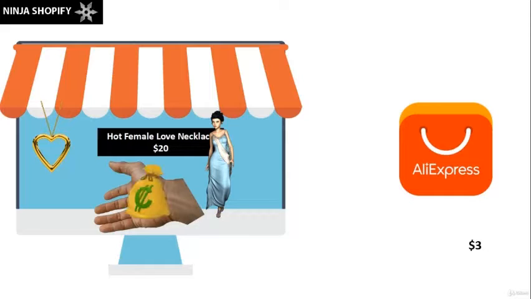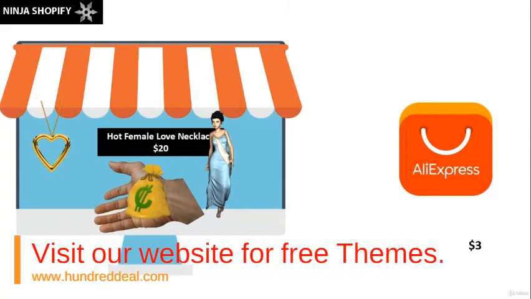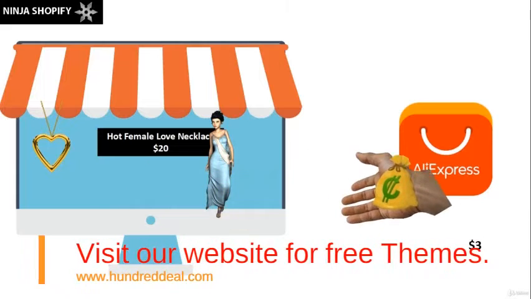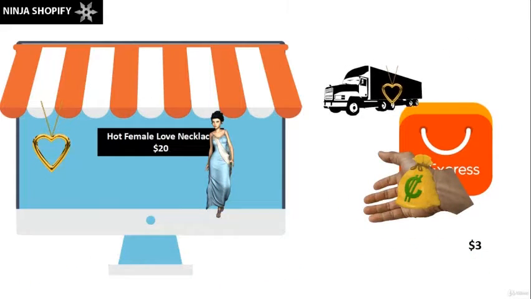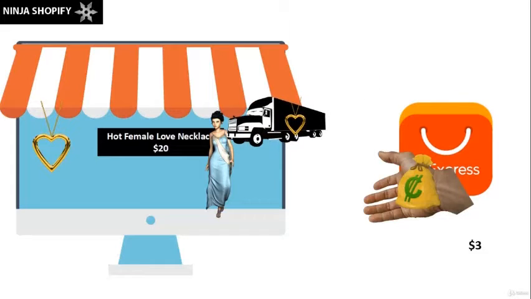Now you have $20 in your hand. Remember, you actually do not have any physical products to offer her. What we will do now is go over to AliExpress, buy the necklace, and dropship it directly to your customer. So you never have the necklace with you.